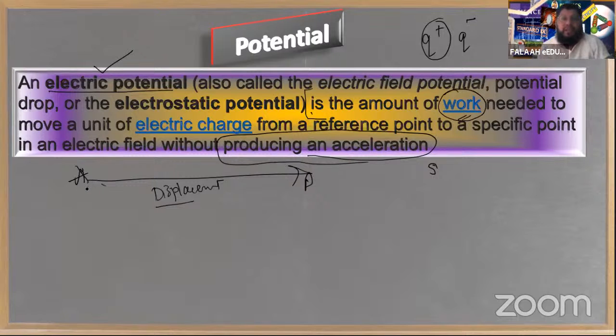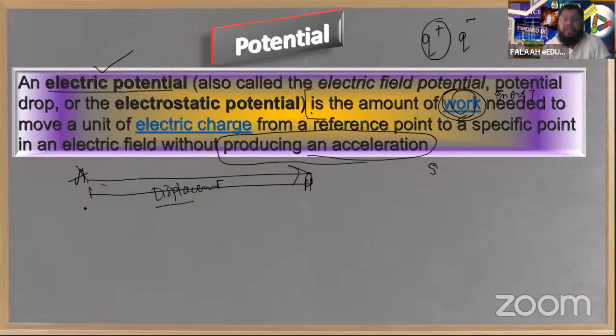What is the potential? Electric potential is also the work to be done or work required. Needed to means it is required. We can relate this to energy also: the energy required to displace from one point to a second point.